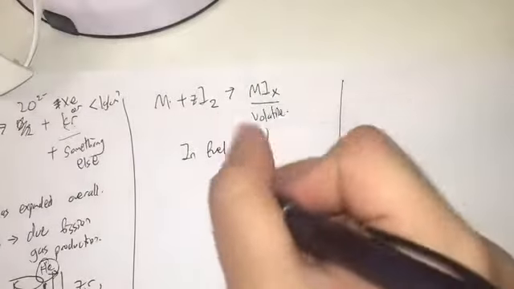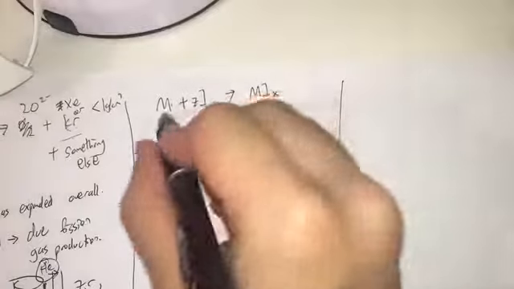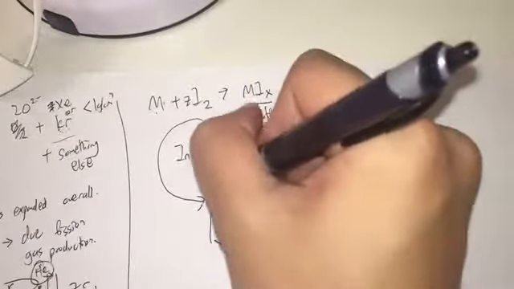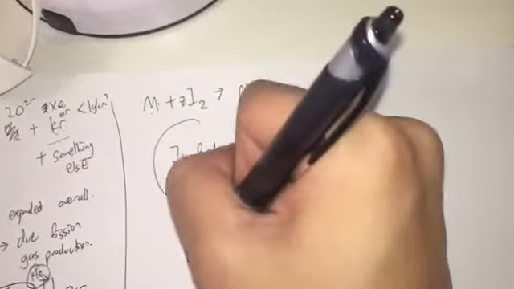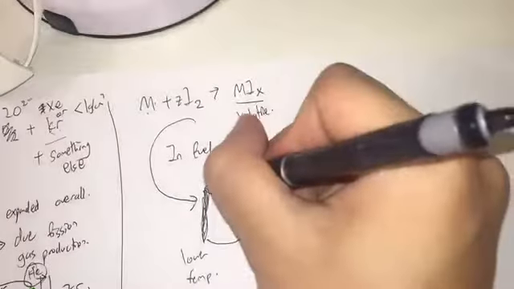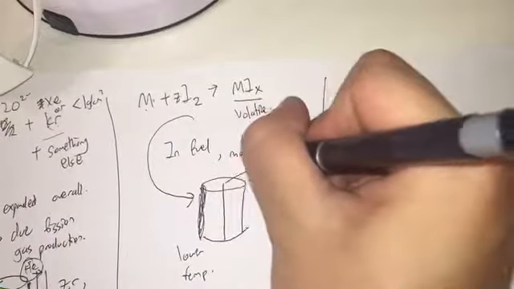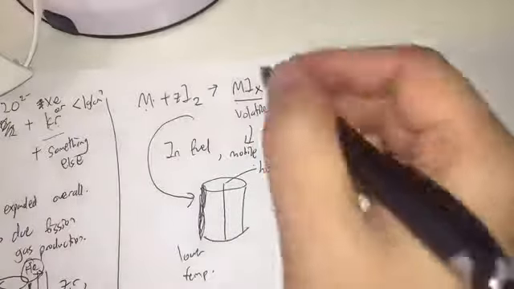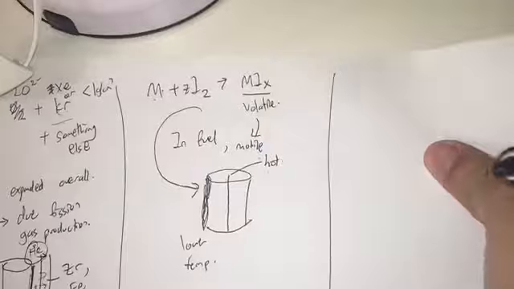So what can happen? This reaction can occur at the sides of the fuel where the temperature is lower. But then it migrates to the center, and this is hot. And when this is hot, the reaction actually reverses.